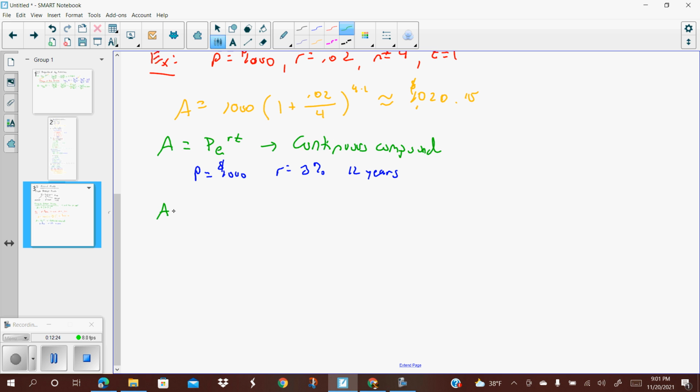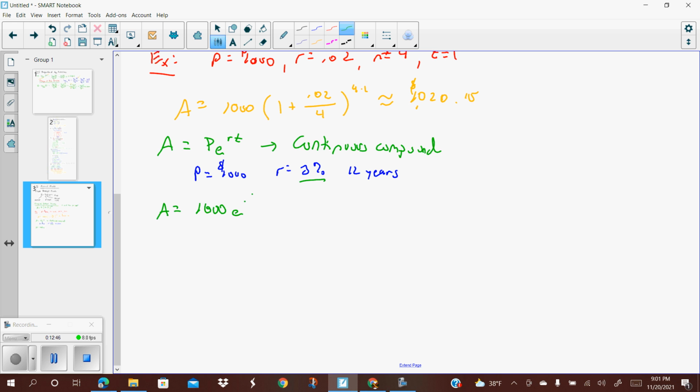Well, let's figure it out. The principal is $1,000. e is always just e, and then you're going to raise that to r times t. Now remember, r here was given as a percent. We have to change it to a decimal. Dividing 3 by 100 gives you 0.03. That's what 3% is as a decimal.